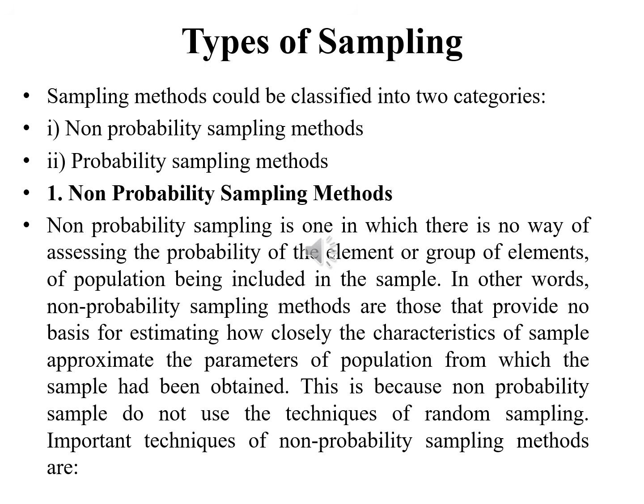Because we cannot accurately calculate the chance of each person being selected, it is difficult to know how closely the sample represents the whole population. So what is meant by non-probability sampling? It is no random selection, with an unknown chance of selection.